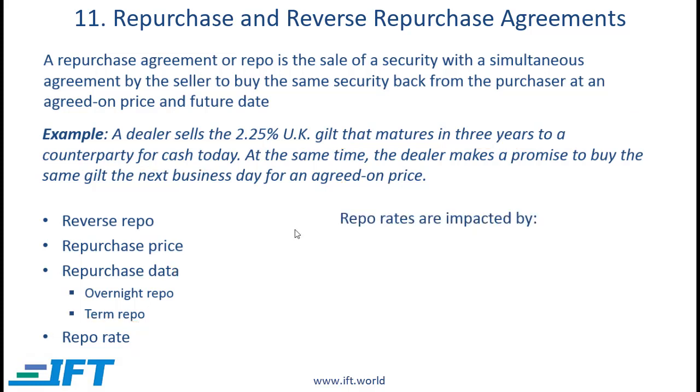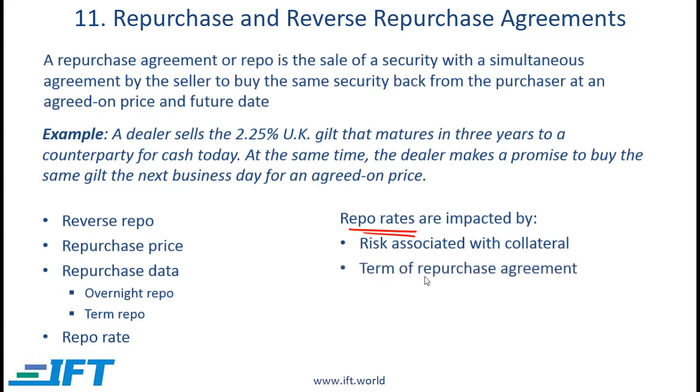The next thing we look at is the set of factors which impact the repo rates, and those factors are given right here. If the risk associated with the underlying collateral is high, that causes repo rates to be higher. Term of repurchase agreement: typically if the term is longer, then the rate is higher.